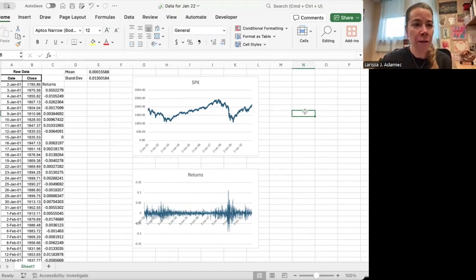So we have what we would expect for our mean and standard deviation from this time period. There's nothing too exciting, but let's talk about this further. I'm hoping to get a little bit of a conversation started about this.